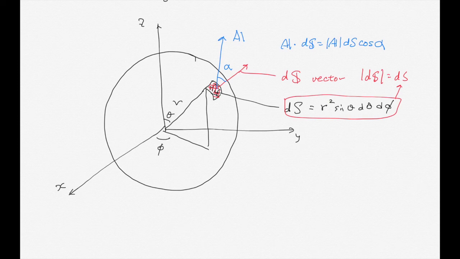Cosine alpha is dependent on the position, so you have to integrate, considering the sum of these quantities over the surface of a sphere. This is a surface integral of a sphere.